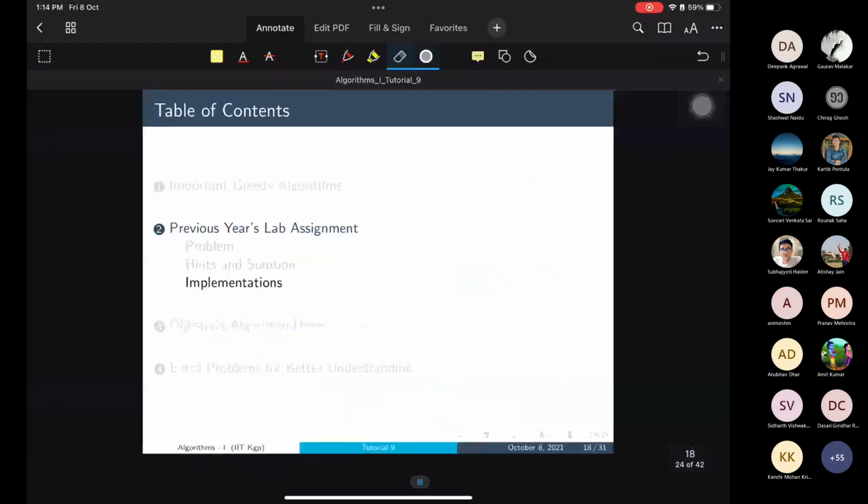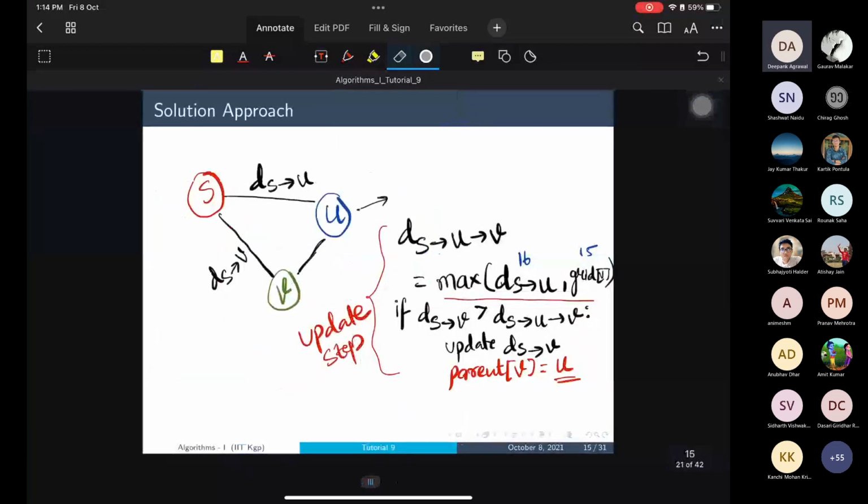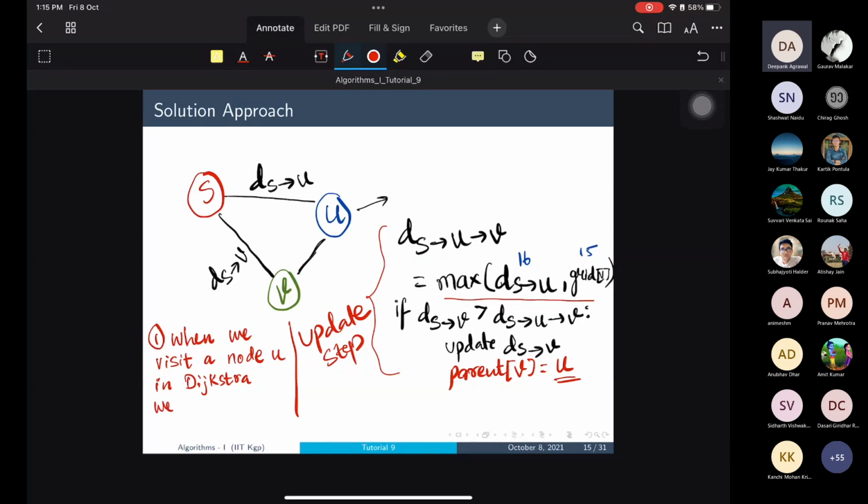Remember one thing: when we visit a node U in Dijkstra, we have the optimal path to U. Remember this particular point by heart.